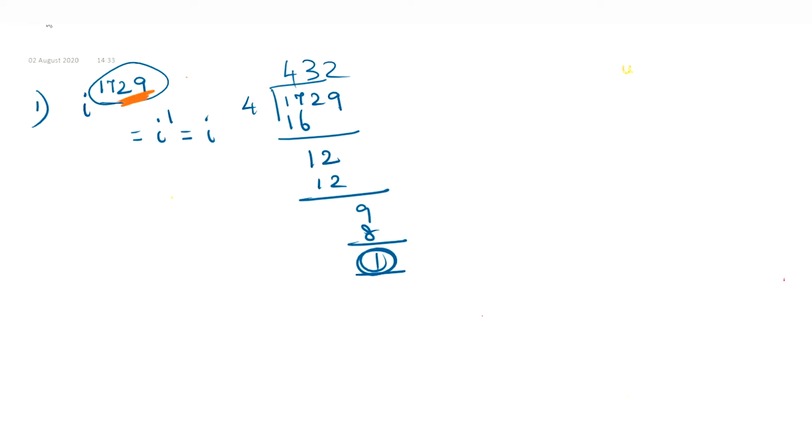If the last 2 digits are divisible by 4, we can conclude that the whole given number is divisible by 4. So, 4 7s are 28, so the remainder is 1. So here also 1. So I power 1 is equal to I. Instead of doing it in this way, we can easily solve this problem like this.